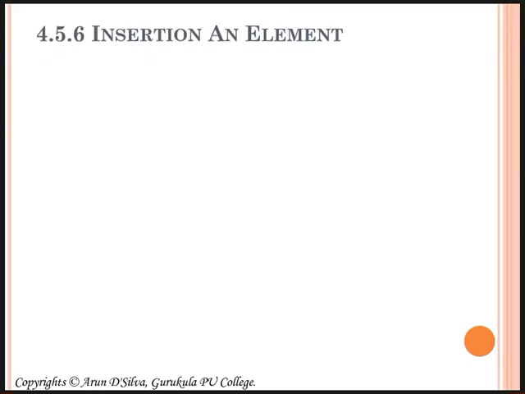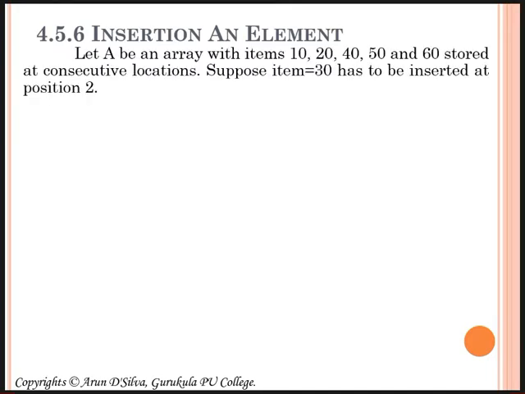I'll make it clear. Let A be an array with the items 10, 20, 40, 50 and 60 stored at consecutive locations. Suppose item 30 has to be inserted at position 2. What do you have to do?